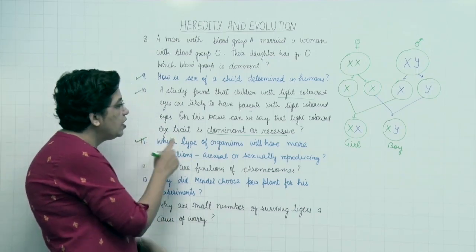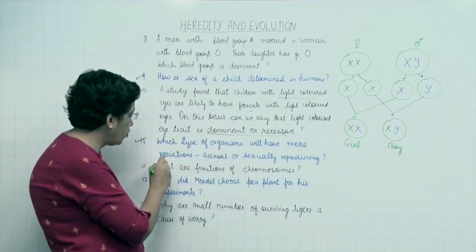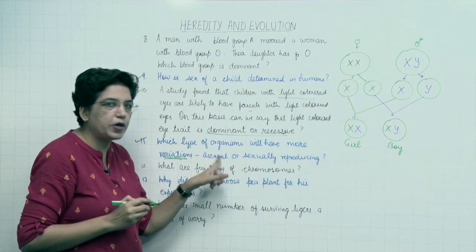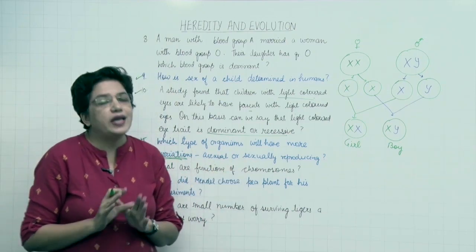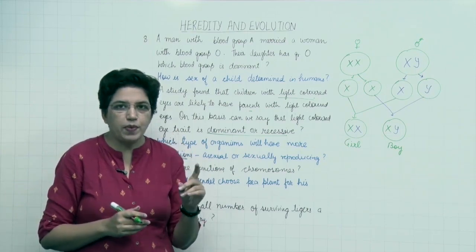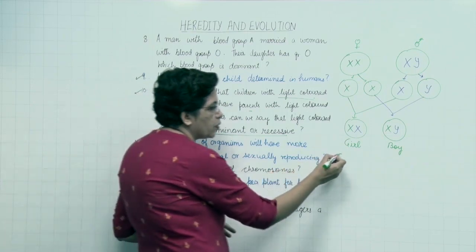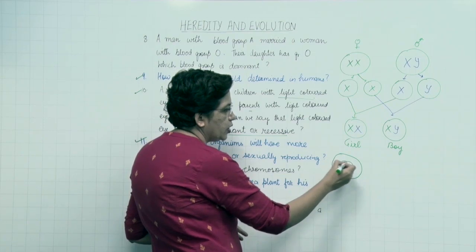Next question, which type of organism will have more variation, asexually reproducing or sexually reproducing? So as I told you, in asexual reproduction only one parent is involved. Suppose this is an amoeba cell with a nucleus.